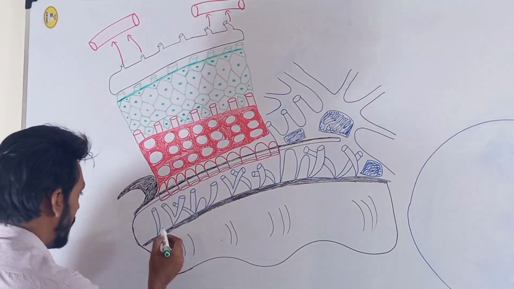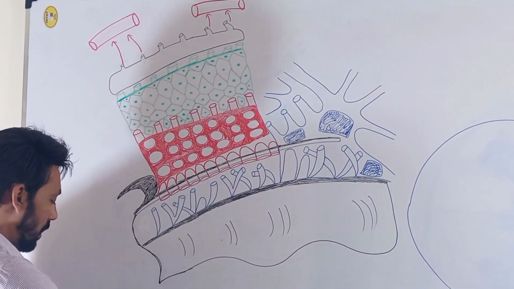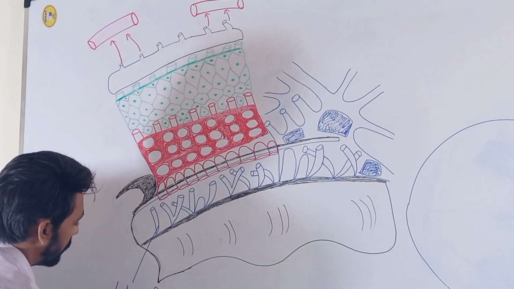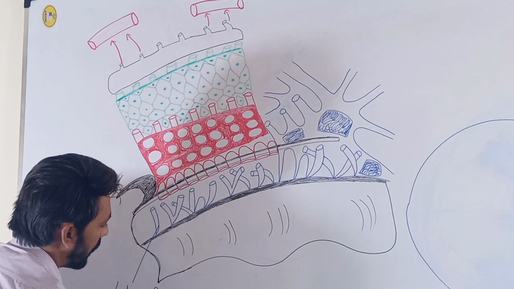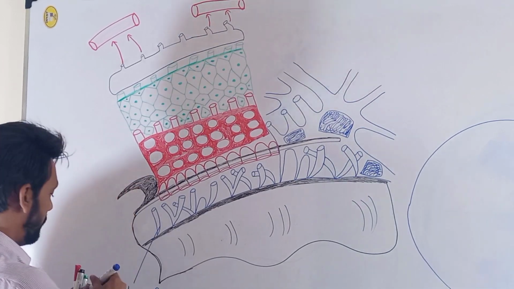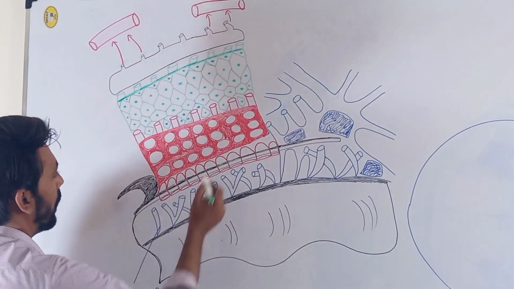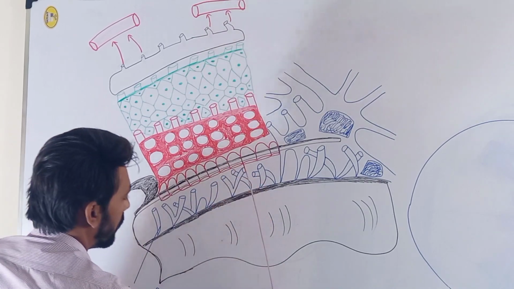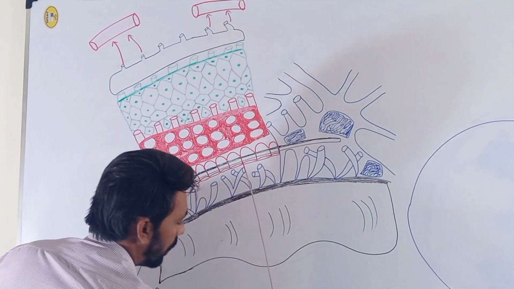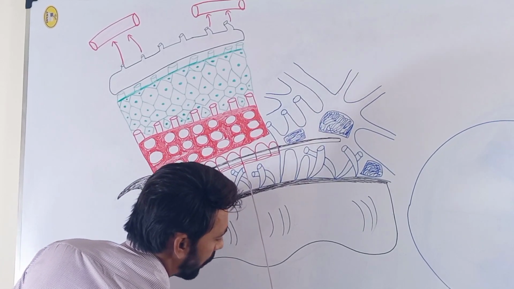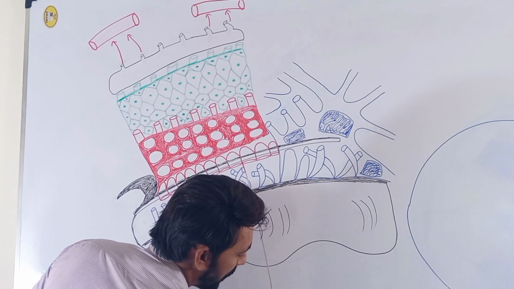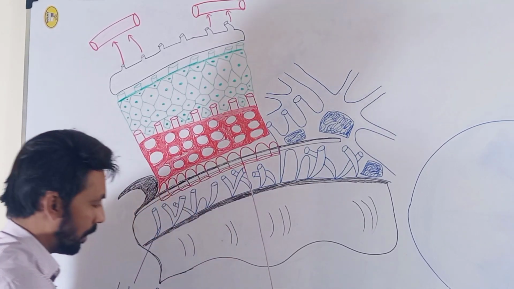I can write their names. The structure in the blue marker is called the uveal meshwork, and the structure in the red marker is called the corneoscleral meshwork. I think my markers are getting tired.